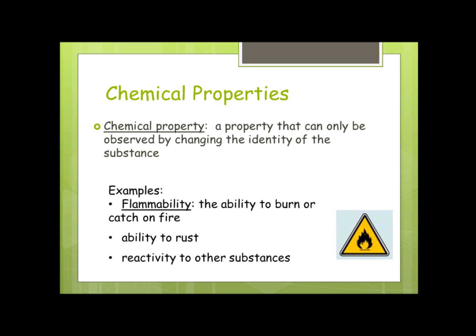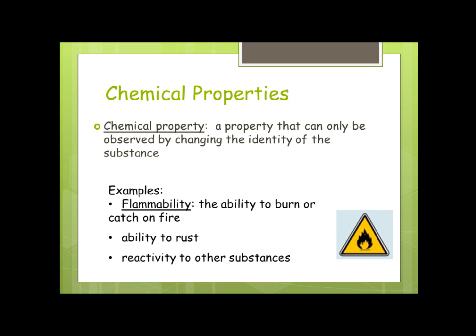All right? So if we light a match and we hold it against an apple and it immediately lights on fire, then we know it's pretty flammable. If we hold the match up to the apple and maybe it doesn't catch on fire, or it's really slow to catch on fire, then we know it's not very flammable.